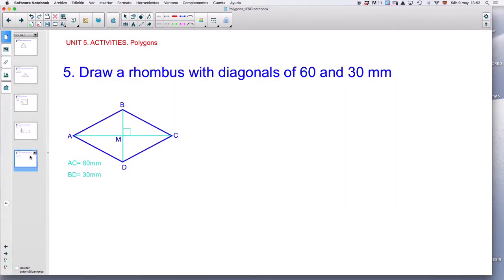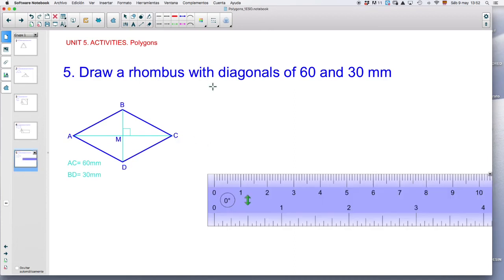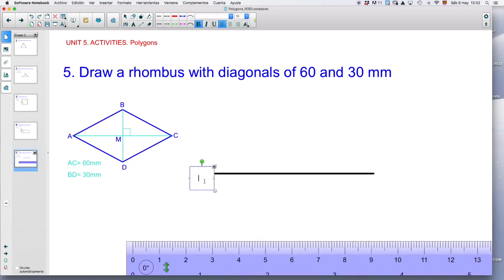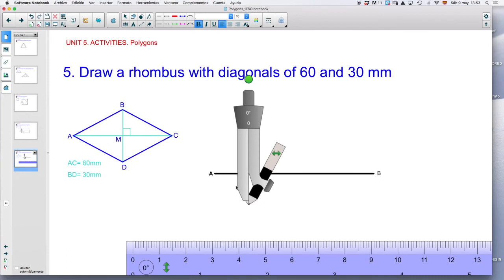So, if the diagonals are given, what we are going to do is to start making diagonal AC. Get the ruler and make a line segment 60 millimeters. Name its endpoints A and C. Construct its perpendicular bisector using the compass to find the midpoint.